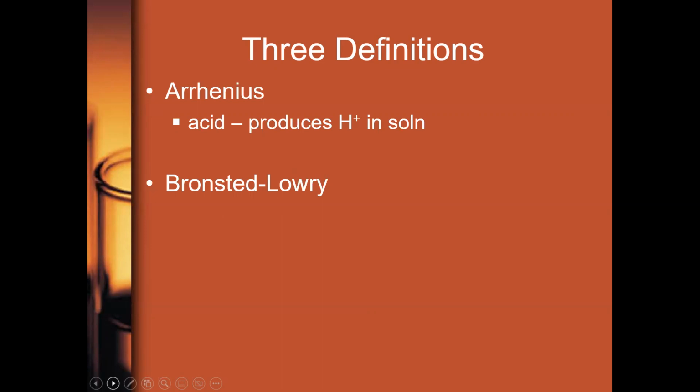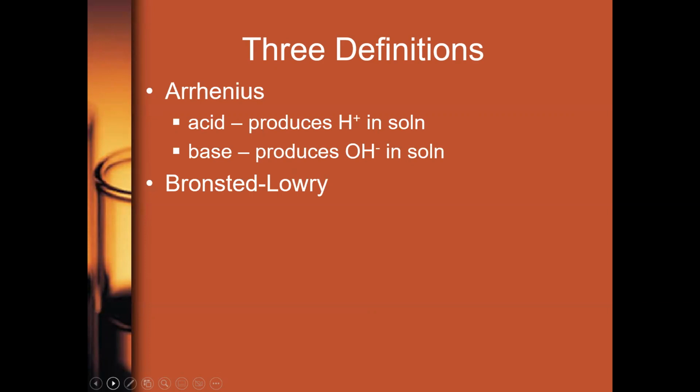So these are what we typically think of as acids, things that start with hydrogen. Whereas Arrhenius bases produce hydroxide in solution. So this is our normal acid-base definition, where acids start with hydrogen and bases have OHs.